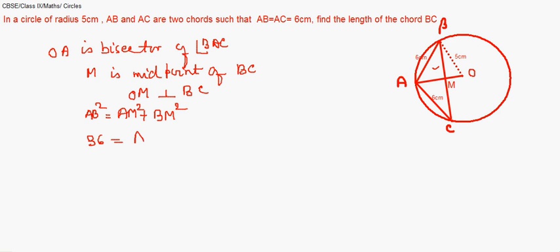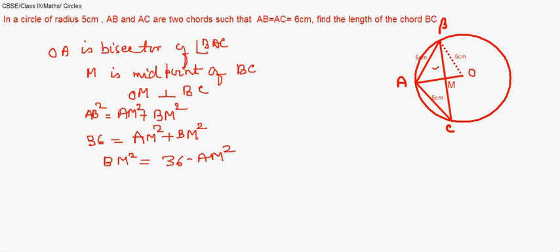AM we don't know, BM also we are not aware of, but we need to find BM because only then can we find BC. So let's keep BM square is equal to 36 minus AM square.